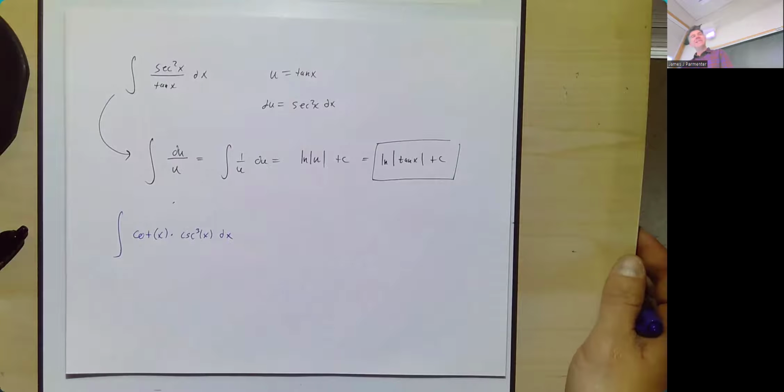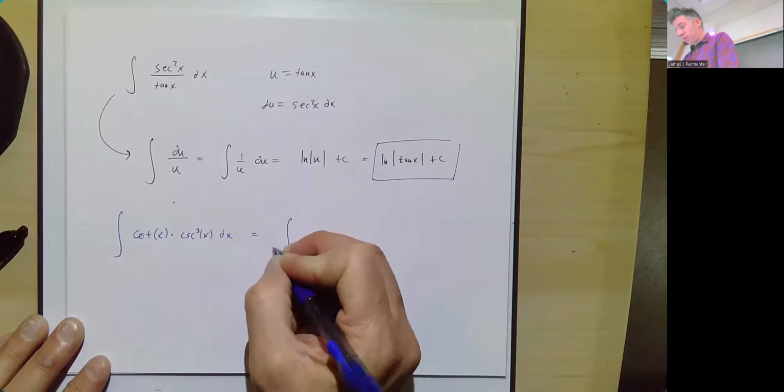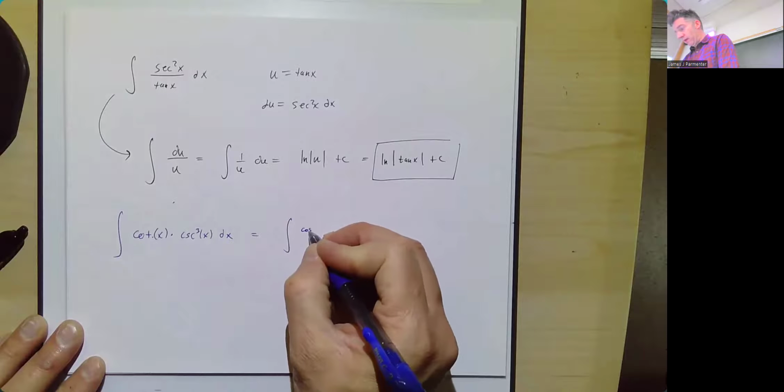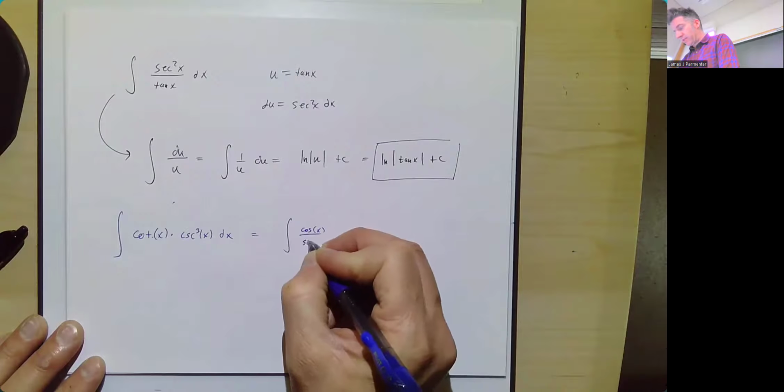But I feel like there's an easier thing to do here. If I'm faced with something that looks challenging with trig, a good tactic is to rewrite it in terms of sines and cosines. So let's rewrite this as cotangent being cosine of x over sine of x.